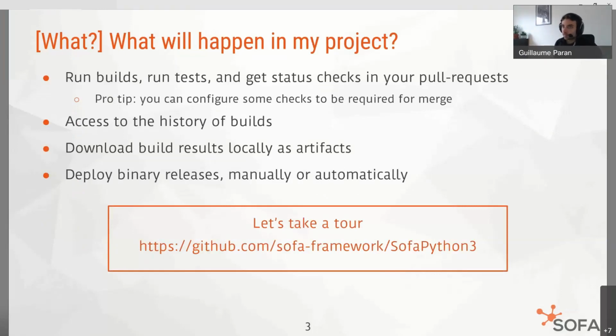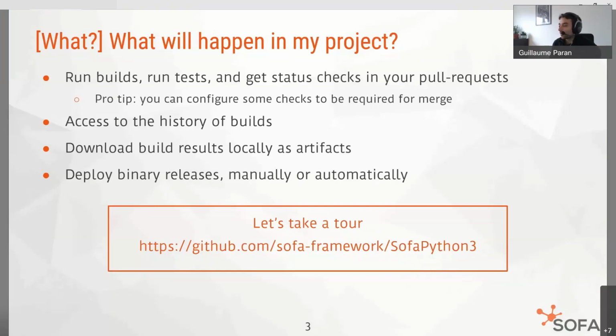Now for the what. So what will happen in my project? As I said just before, you will have automatic builds, automatic tests. A nice feature in GitHub that is called status checks that we will see just right after. You will have the history of all the builds that have been triggered, so you can go check in the past the results of past builds.